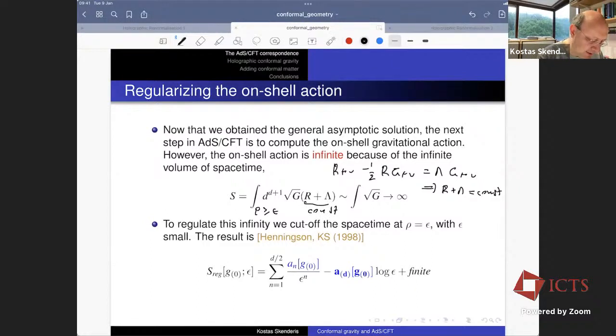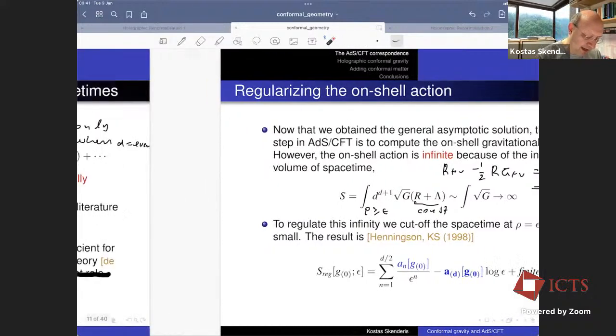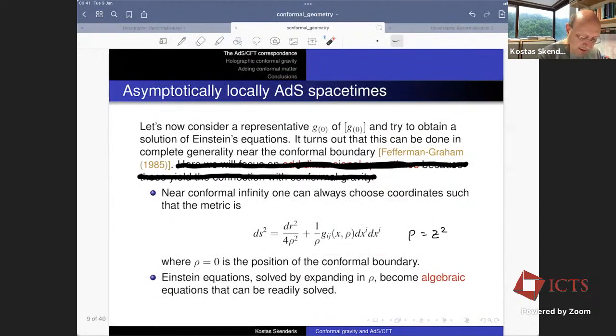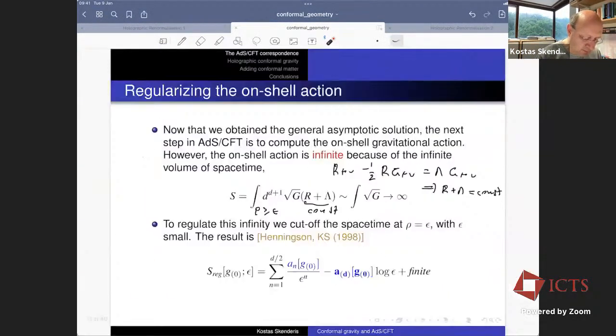So this expression here is just infinite because, again, the volume of space-time is infinite. So what we want to understand is how to find the infinities for all possible solutions of the field equations, not just some specific ones. And the way we do this is we take this general solution we obtain by solving Einstein equations, we put it in here, and we regulate this integral by cutting off the radial direction.